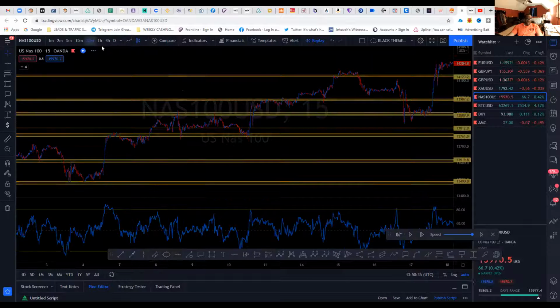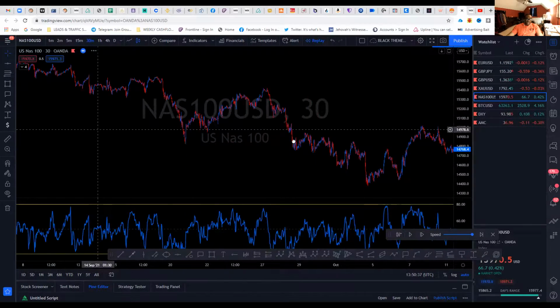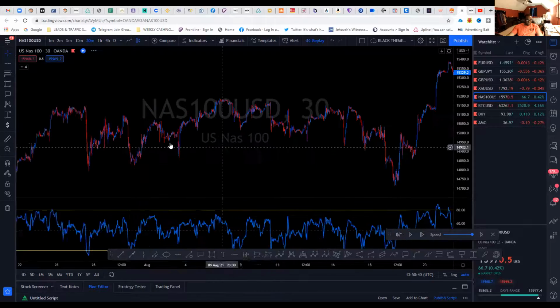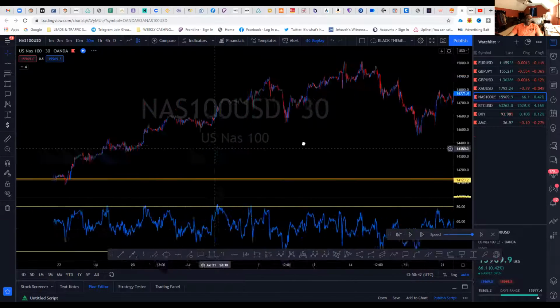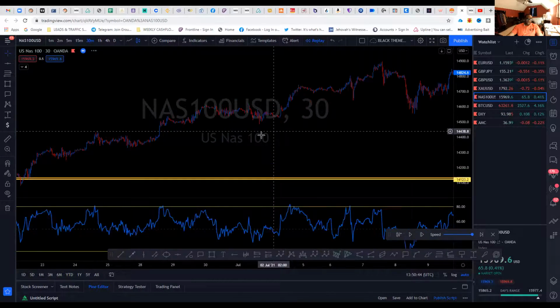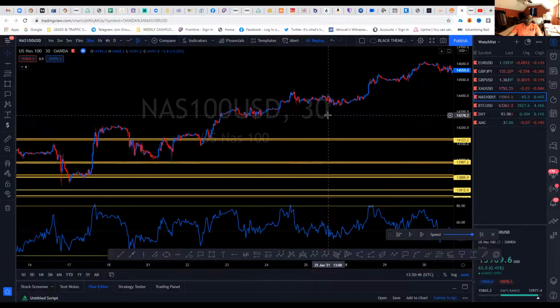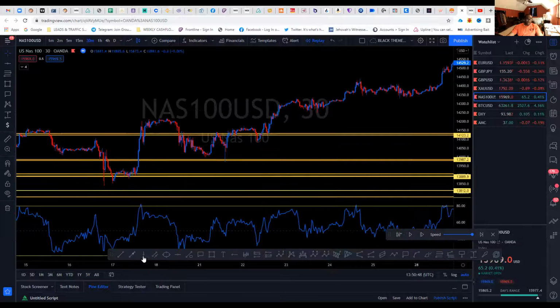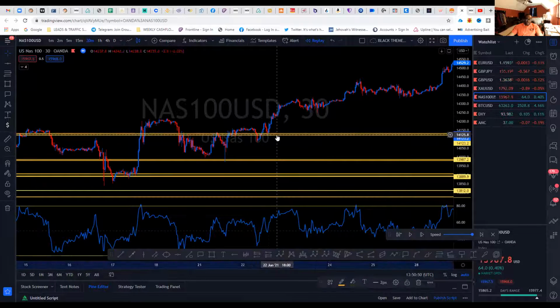Let's move on to the 30-minute. We're going to do the same exact thing on the 30-minute. Horizontal line here.